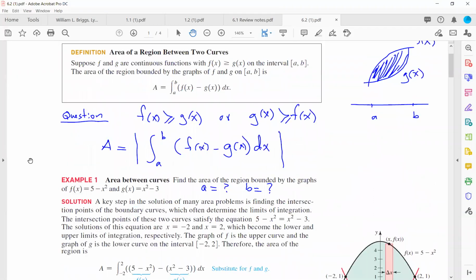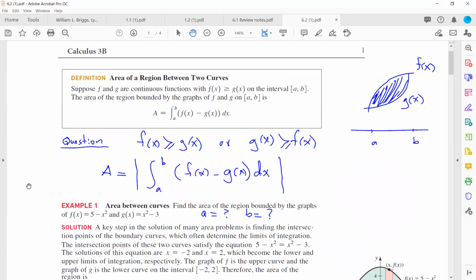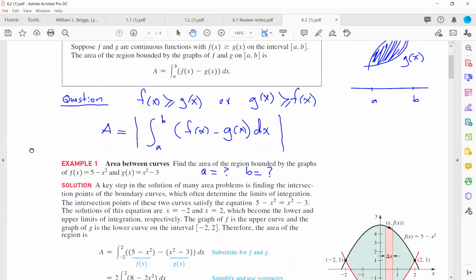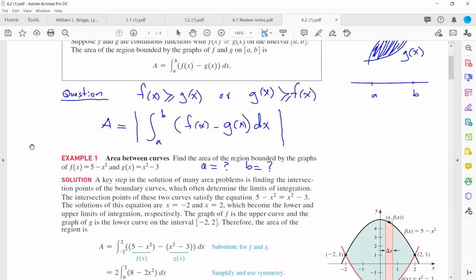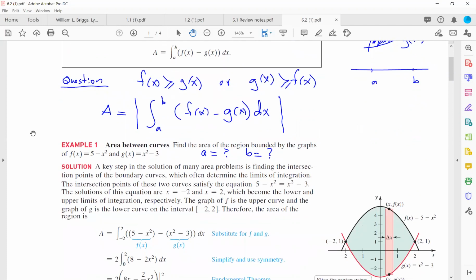Get back to the definition. The definition said, if you have two continuous nice functions on a closed interval, then the area bounded between these two functions is equal to the integral of the difference between these two functions as x ranges between a and b. So in our first example, the lower bound and upper bound are not given.